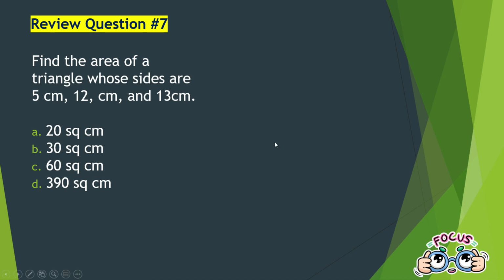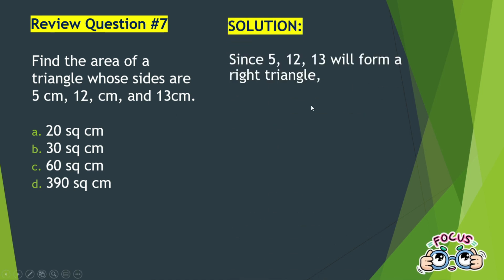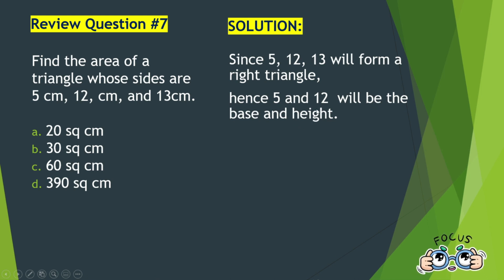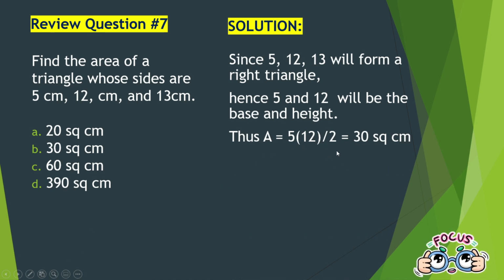So therefore, now we can say that 5 and 12 will be the base and the height of this triangle. Now since 13 is the hypotenuse, so thus the area will be equal to 5 times 12 over 2, which is 30 square centimeters. Letter B is the correct answer.